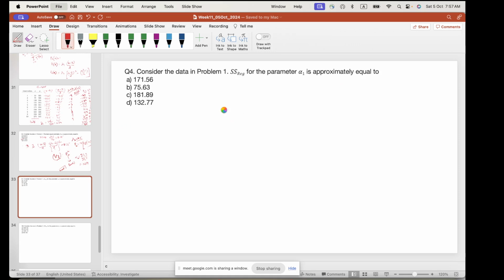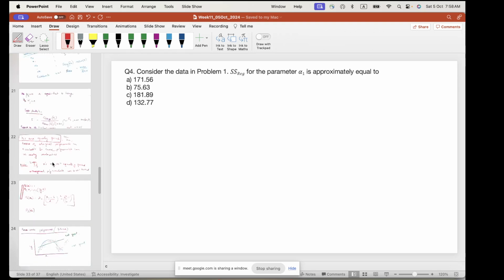Now consider the data in problem 1. Sum of squares due to regression for parameter alpha 1 is approximately equal to, so sum of squares due to regression, what was the formula?